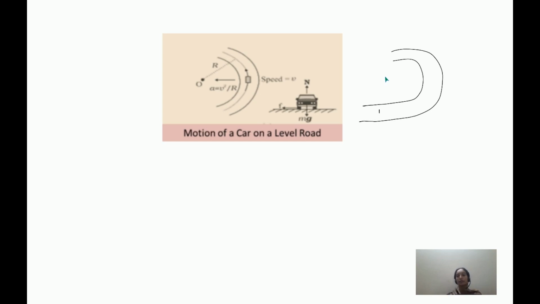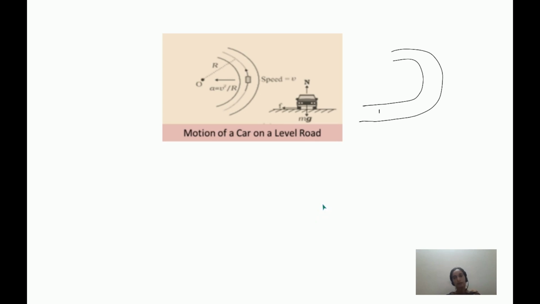And what is the expression for that centripetal force? Do you recall the centripetal force equation? FC is equal to mv square by r.